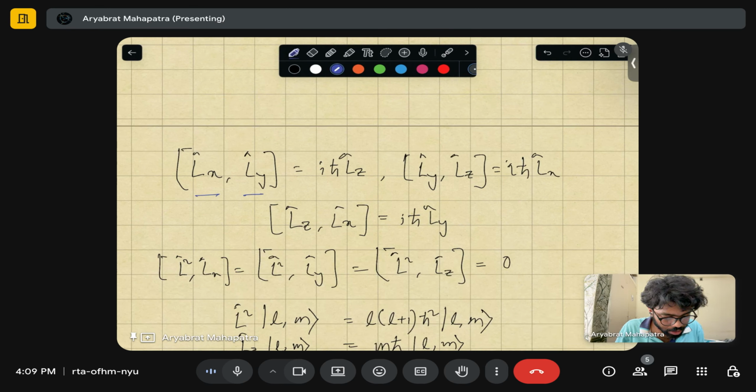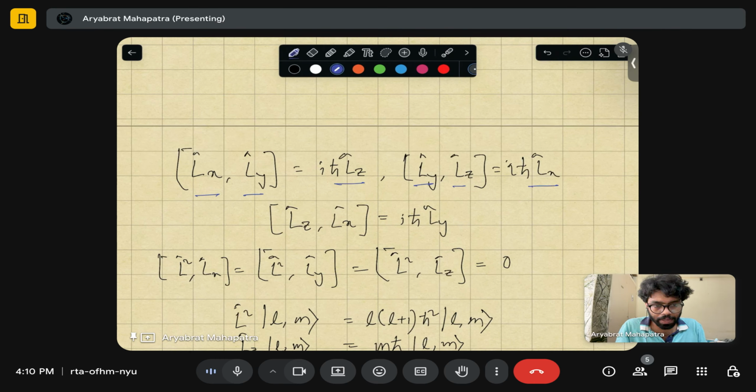If you take the commutator of Lx and Ly, you get something proportional to Lz, and the commutator of Ly and Lz gives you the Lx operator. So physically, whenever you are doing a measurement of Lx and Ly, you are doing some angular momentum measurement on a quantum mechanical system.